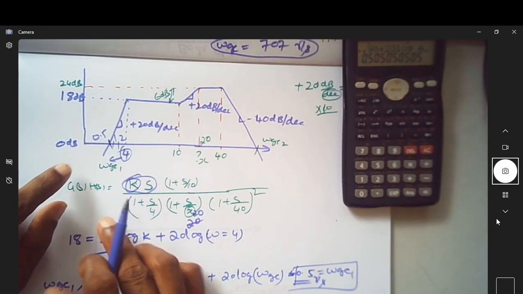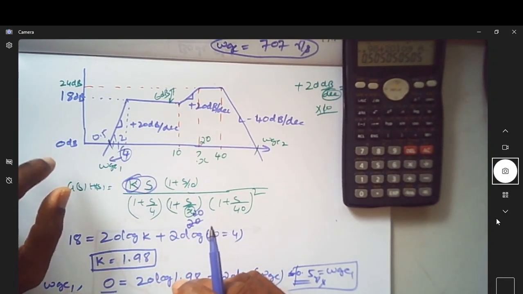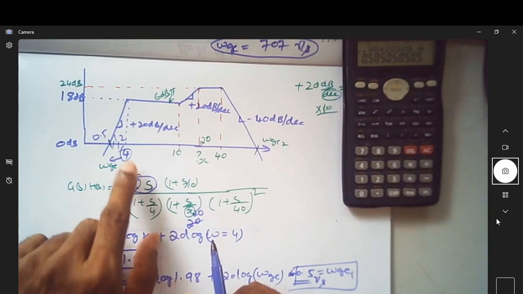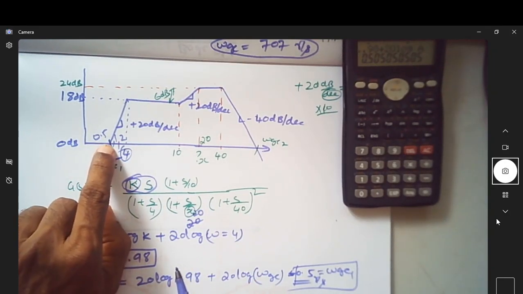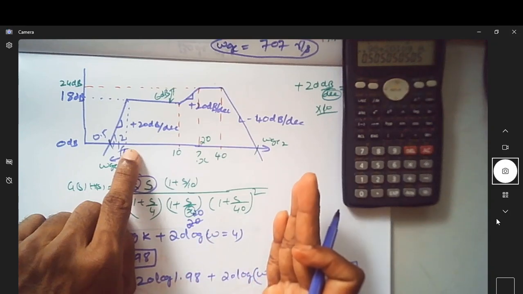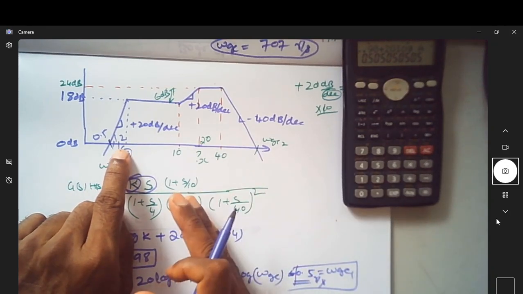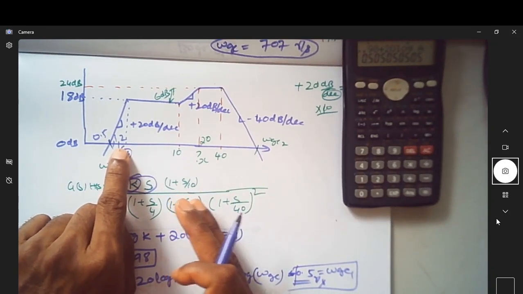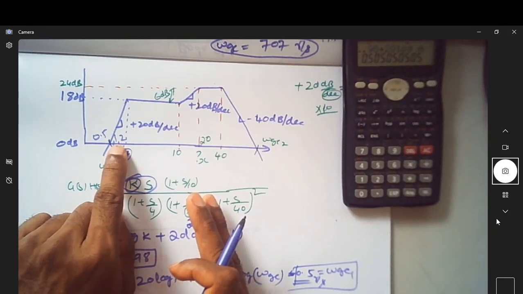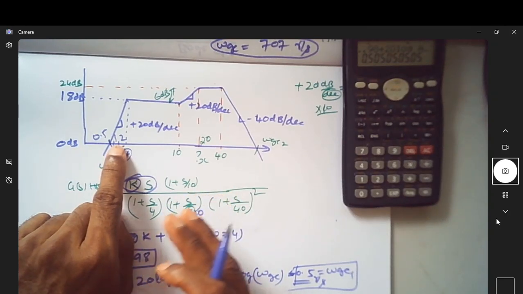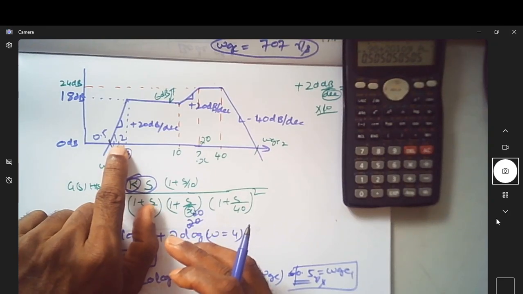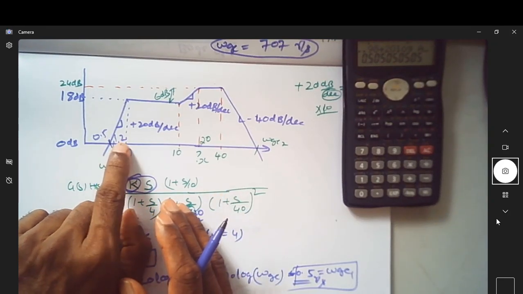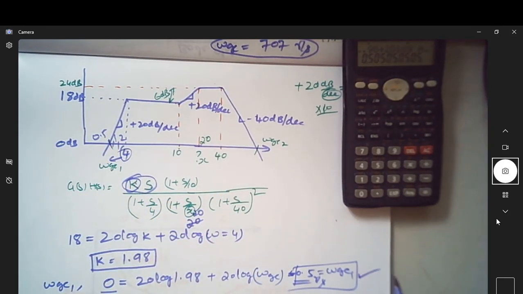Other way of finding it is, since it is 18 dB, come down by 3 octaves and you will reach omega gc. When you go 1 octave back, it is 2 times less, that is 4 by 2 is 2, then 1 more octave, 2 by 2 is 1, and then 1 more octave back, 1 by 2 is 0.5. Which we got as this.